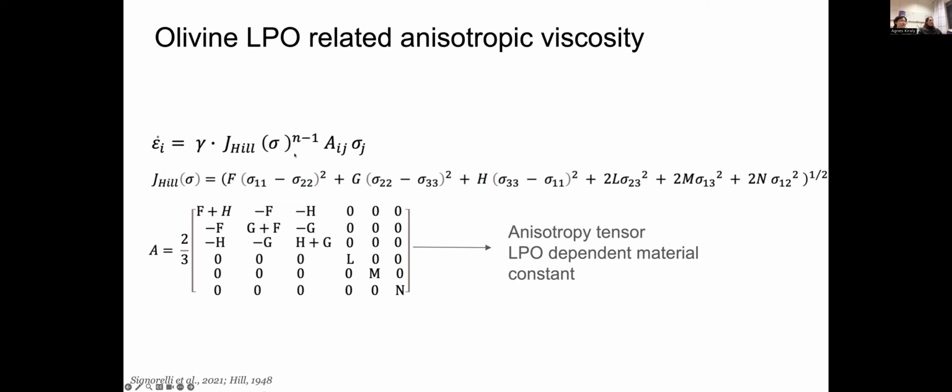But the point is that the stress dependency can be taken out using this Hill stress, which is very similar to the equivalent stress, but it is dependent on the anisotropy of the texture. And then there is this A tensor, which is the anisotropy tensor, which is a material constant that's only dependent on the lattice preferred orientation, so on the texture basically. And so what we really need to do is to find these what we often refer to as Hill coefficients.